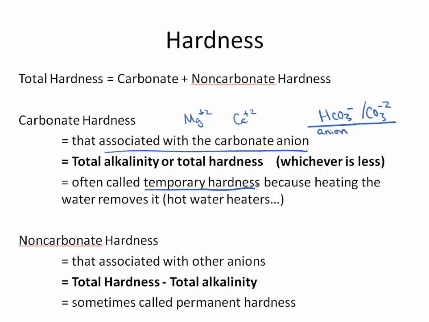Now, non-carbonate hardness is calcium or magnesium concentration that is associated with other anions, so anything other than HCO3 or CO3. And non-carbonate hardness equals the total hardness minus the total alkalinity. It is sometimes referred to as permanent hardness because it is more challenging to remove from water.